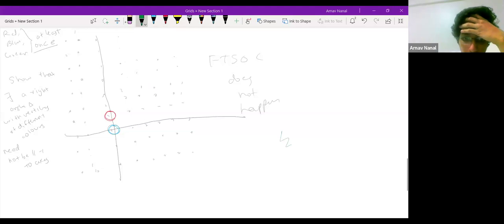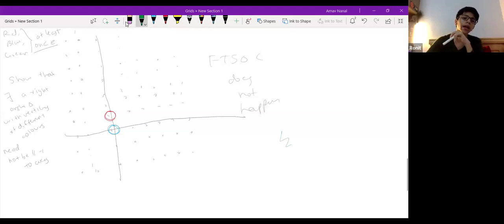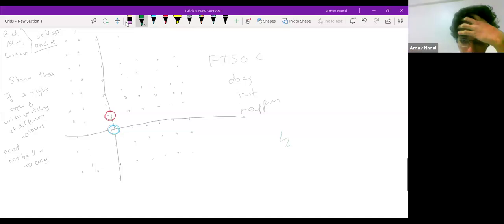Any ideas? The green point cannot lie on the x-axis and on y equals 1, those two lines. What about some point like this? Can the green point lie here?